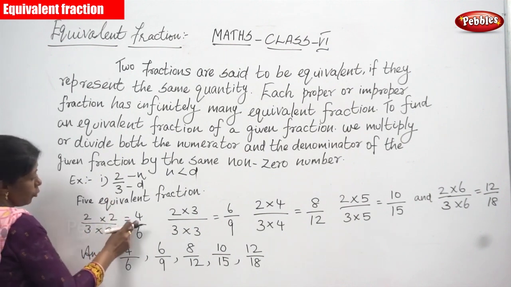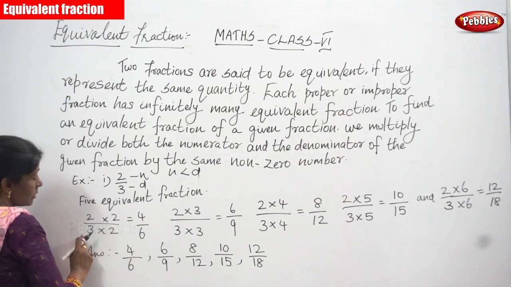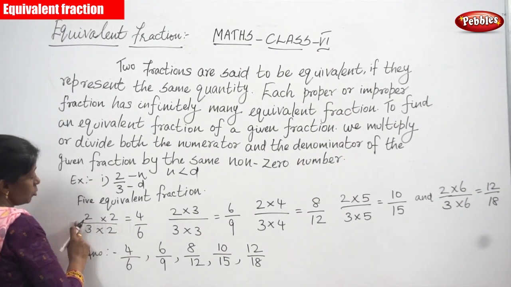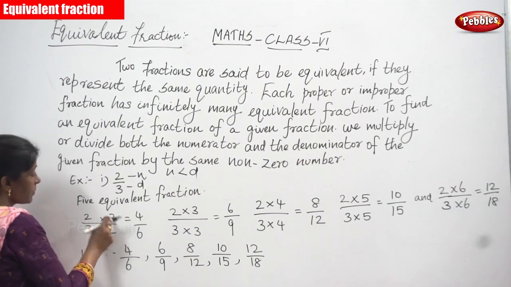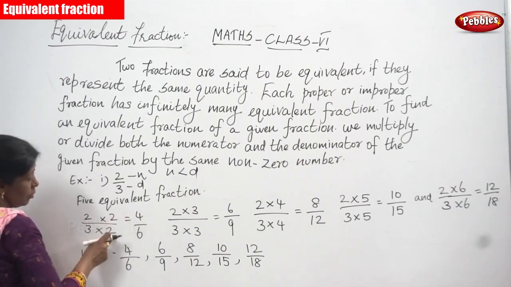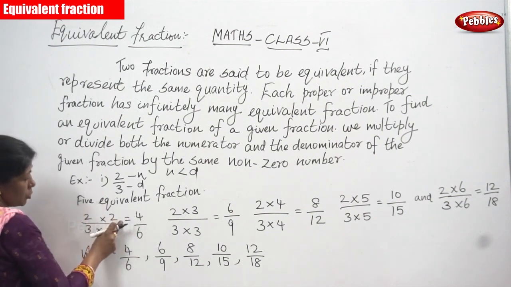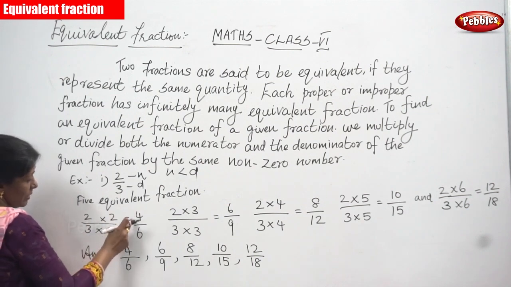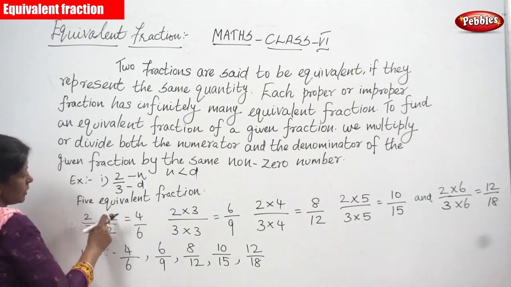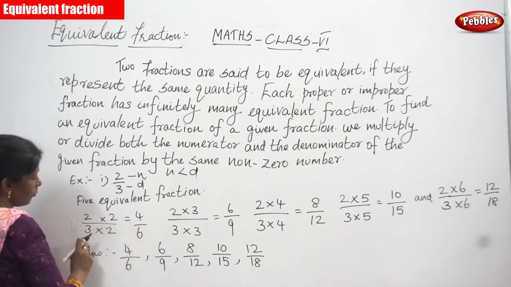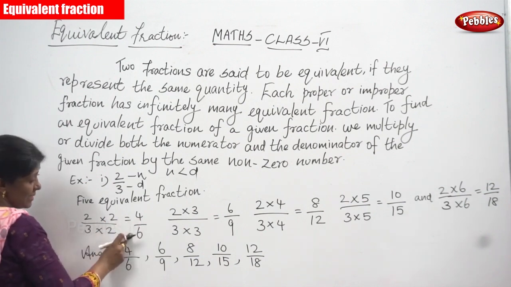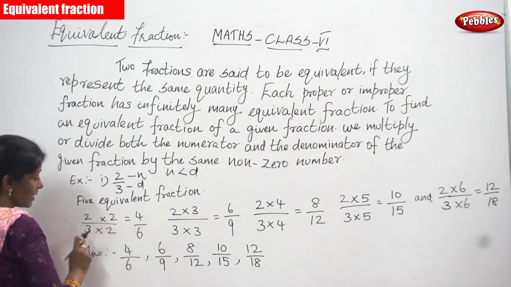So 2 into 2 is 4, and 3 into 2 is 6. So 4 by 6 is an equivalent fraction.